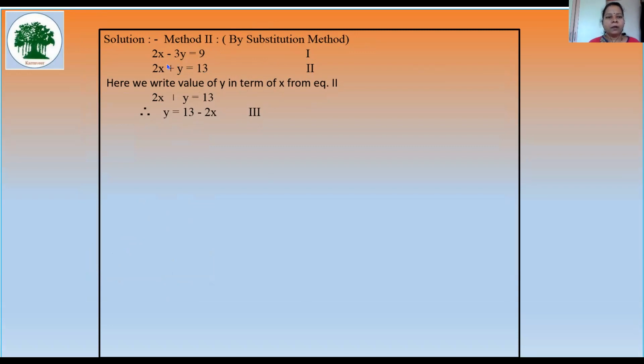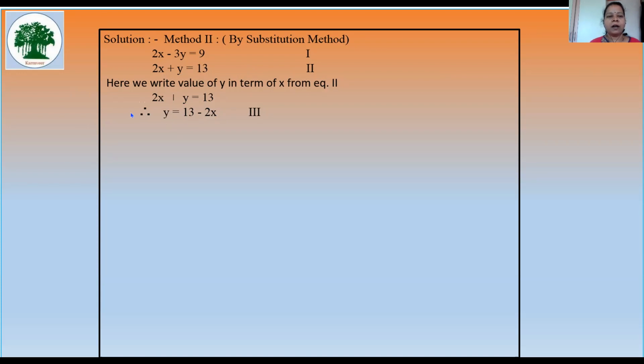But here, which equation is convenient? If we observe the second equation, it is convenient to write y in terms of x. So we take the second equation, 2x plus y is equal to 13, that is y is equal to 13 minus 2x.